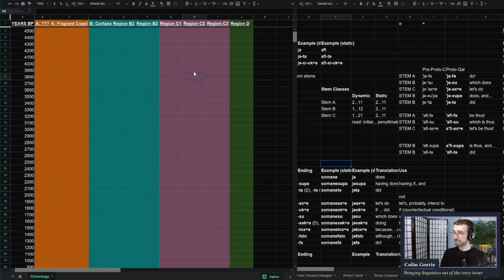Okay, so we know that on the fragrant coast in column A, or in continent A, Eustamia call is going to be spoken. And it's going to be spoken at some point. I haven't really thought of whether it's going to be contemporary from the point of view of this world building project.